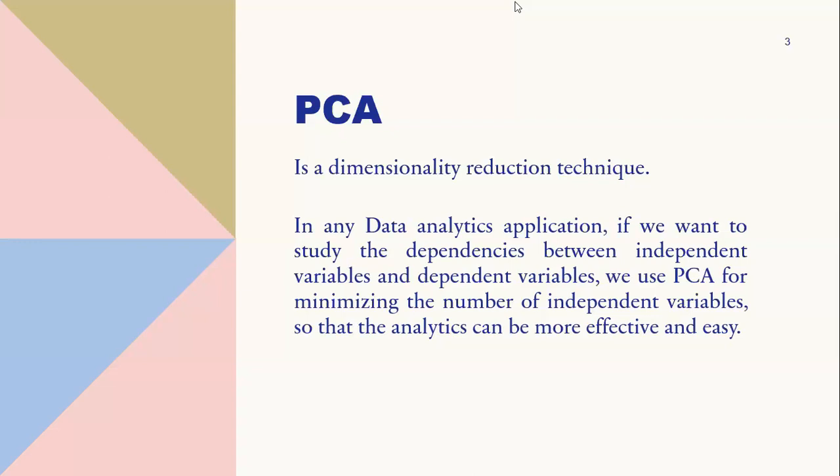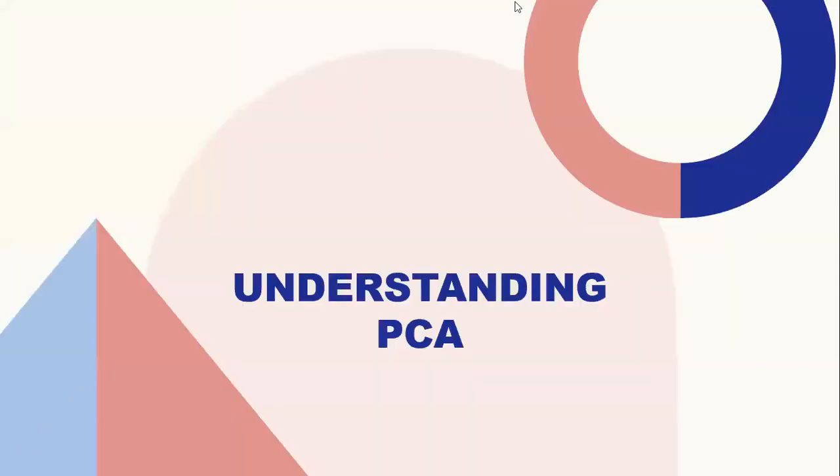If I can identify which independent variable is important and which is not, accordingly I can reduce the complexity of my data set. I can remove unwanted independent variables and generate a better and more accurate machine learning model.